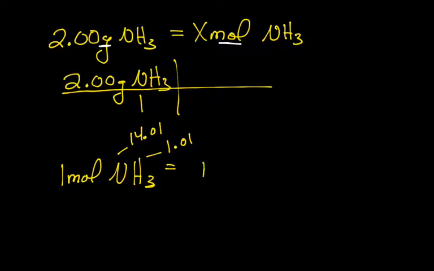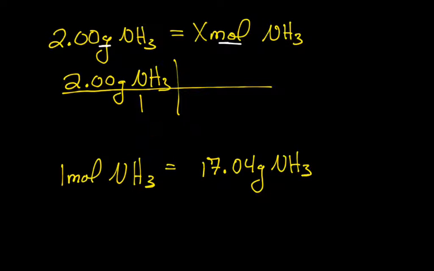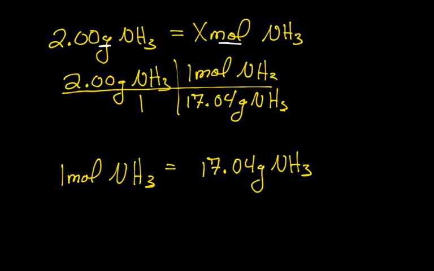So that gives us 17.04 grams of ammonia. Okay, and now we're going to put these in the grid, setting them up so our units cancel out, which means we need to put the 17.04 grams on the bottom and the 1 mole on the top. Double check that we set this up right.